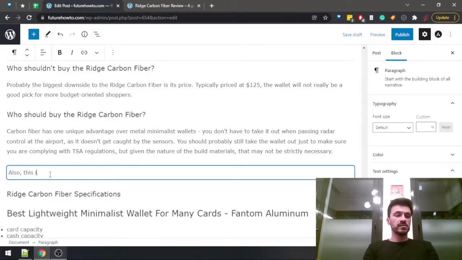Also, this is an excellent pick for a very lightweight wallet that also looks very modern.